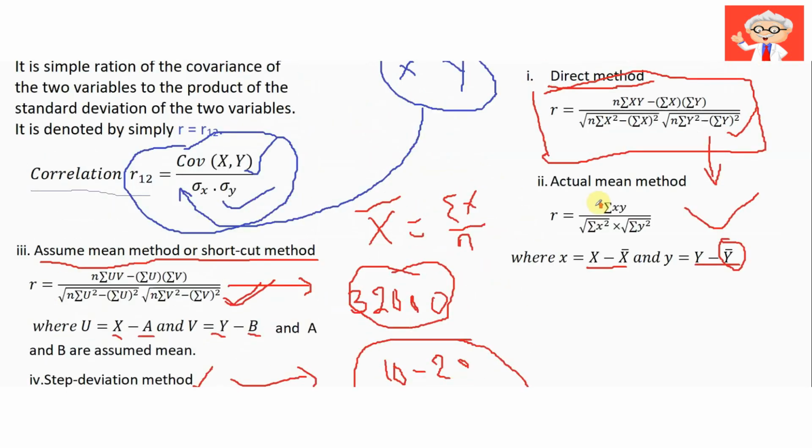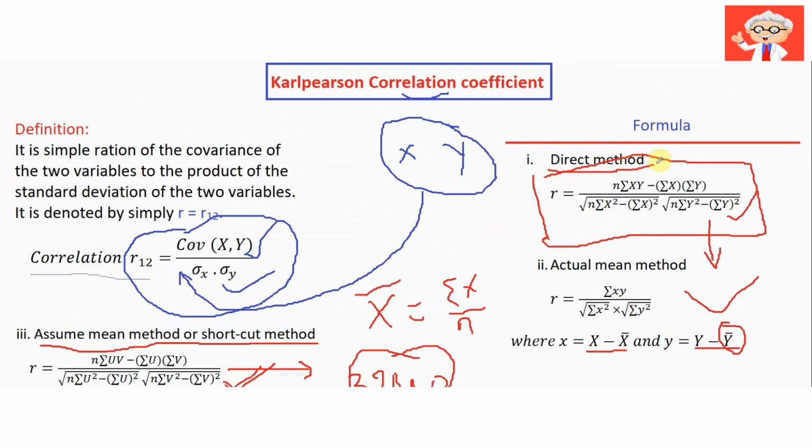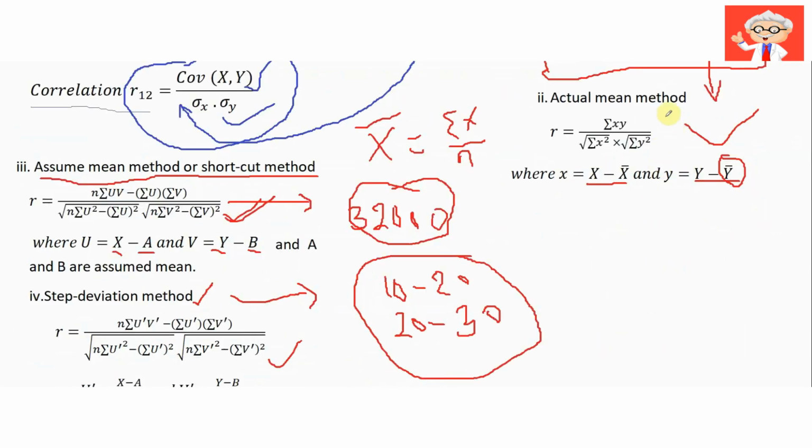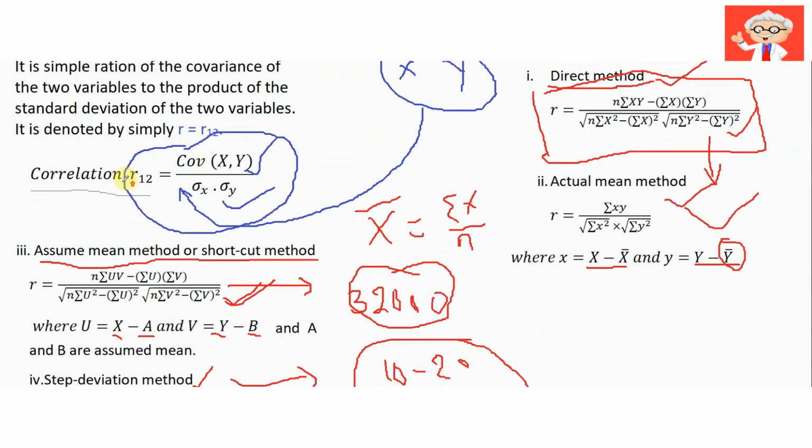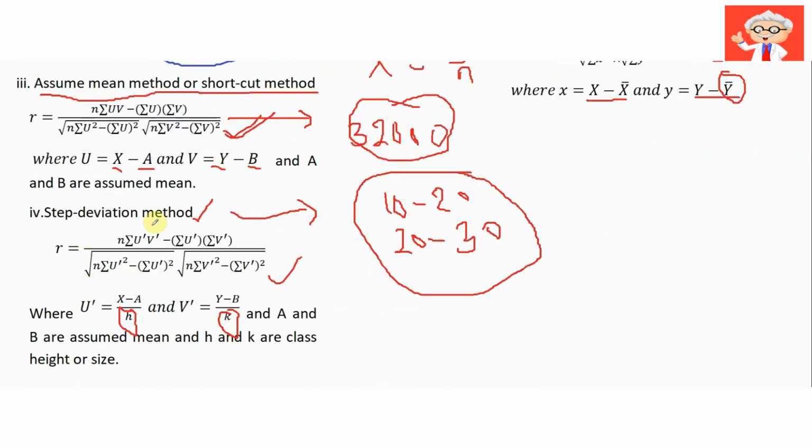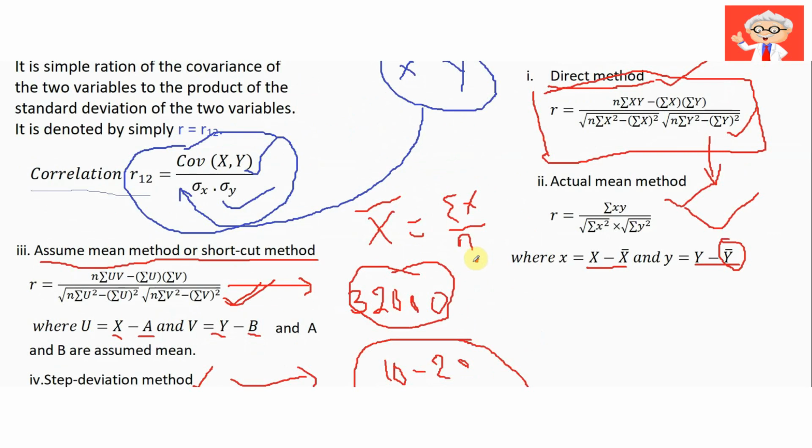So here we have studied the direct method, the actual mean method, the assumed mean method or shortcut method, and the step deviation method. But I suggest you remember only one formula, that is the direct method.